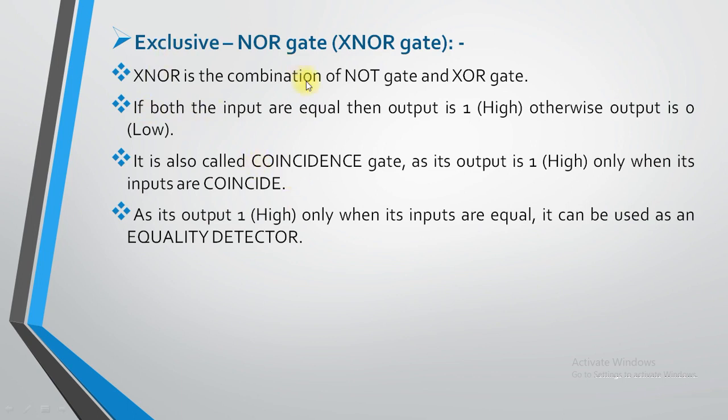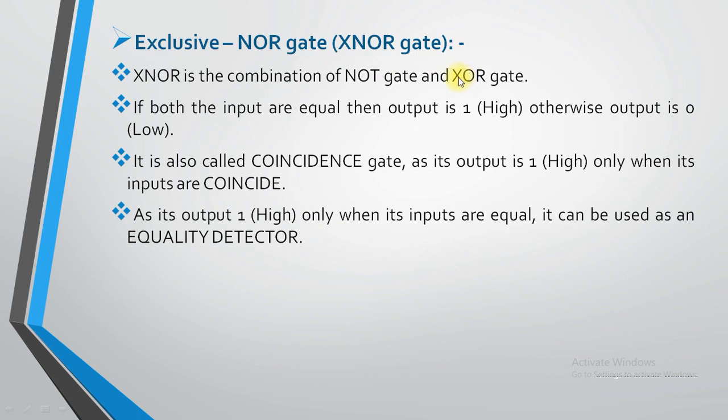It is the opposite gate of the XOR gate, so it is called a coincidence gate or equality detector gate. The previous gate is called anti-coincidence. Over here it is called coincidence or equality detector. The previous gate, the XOR gate, is an inequality detector, and over here it is an equality detector gate, the opposite of the XOR gate.